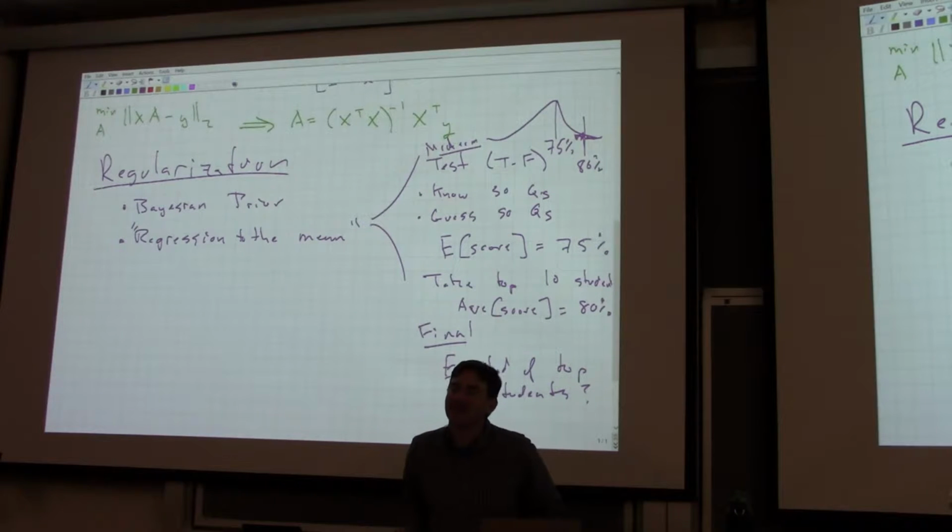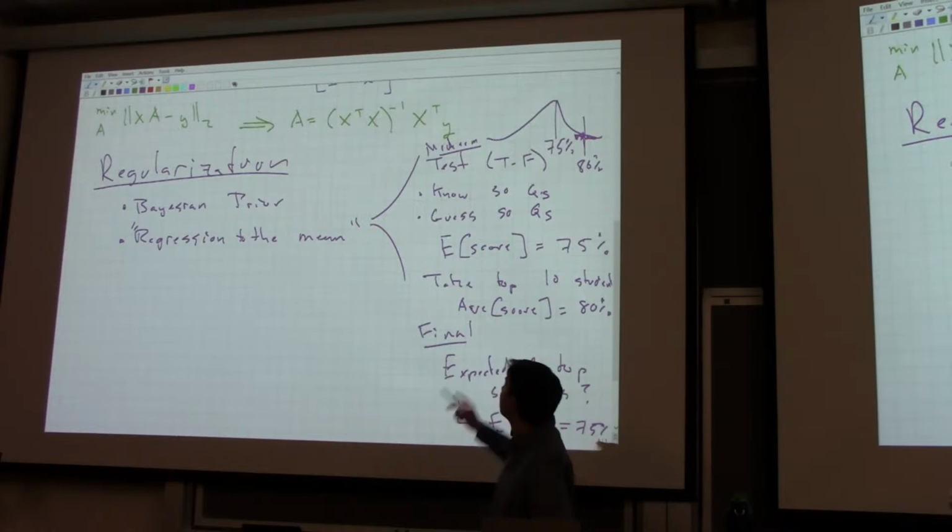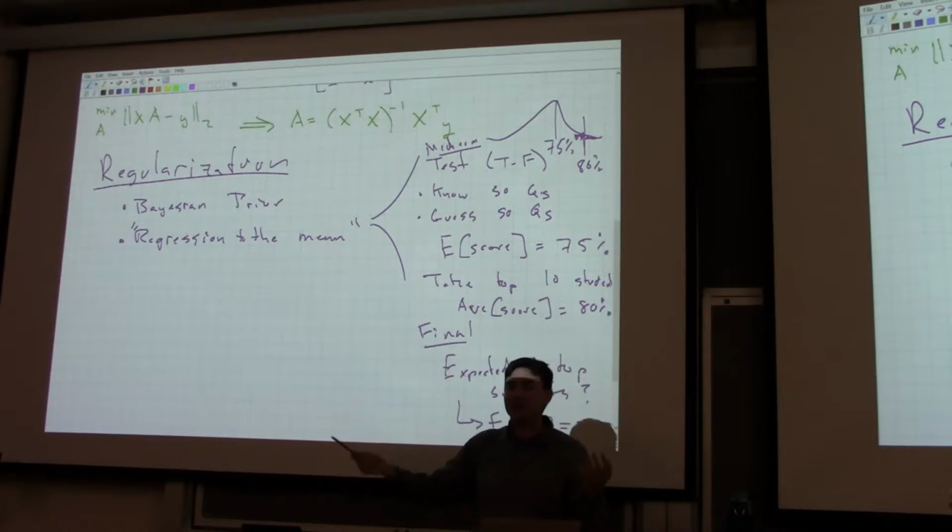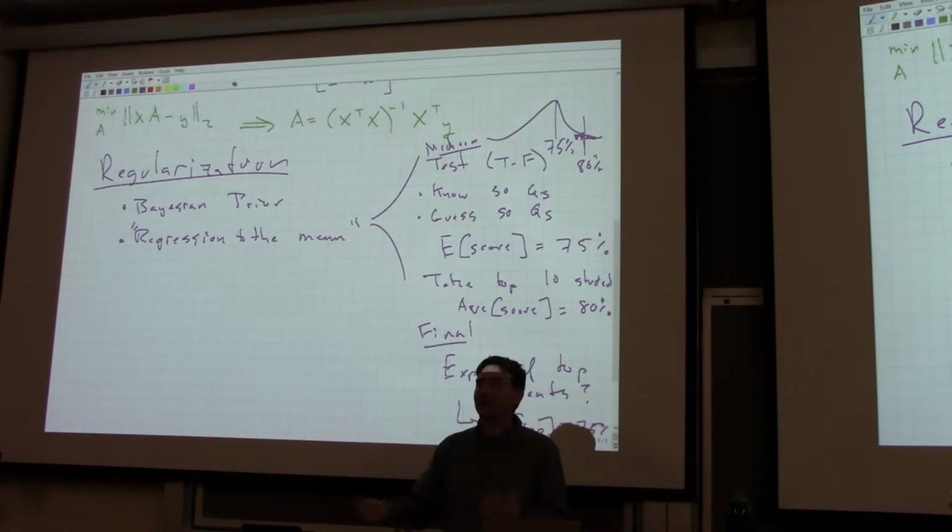No, the expected score of the top students is going to be still 75%, because these students got lucky in the first test. There's some distribution of the students that's to be expected. The fact that they did well in the first one does not change how they're going to do in the second one.